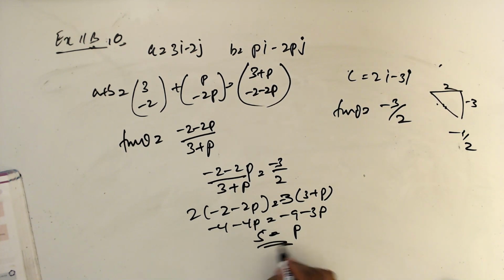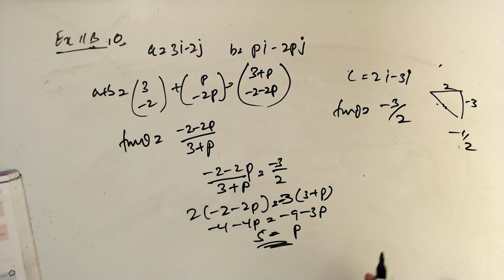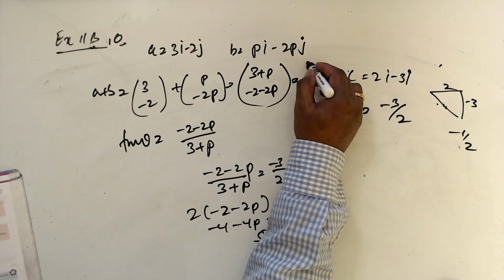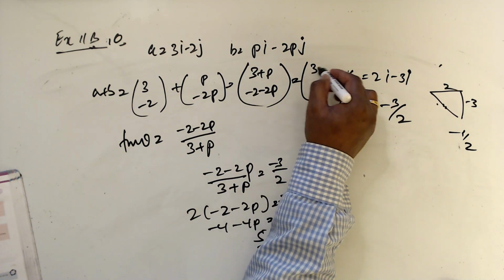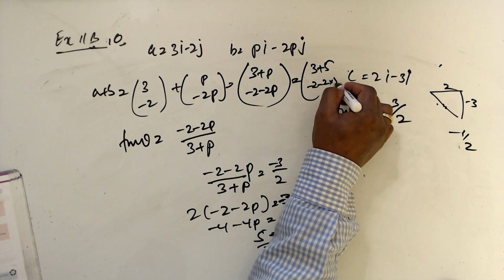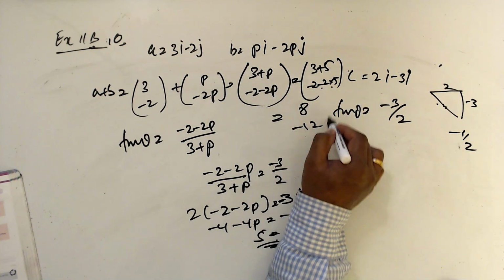When you solve this one, which is minus 3, you will get p equal 5. When p equals 5, you substitute here, so you get the resultant force 3 plus 5 and minus 2 times 5, which is 8 and minus 12.